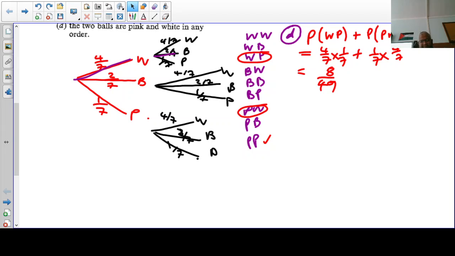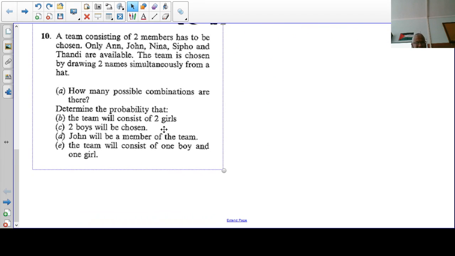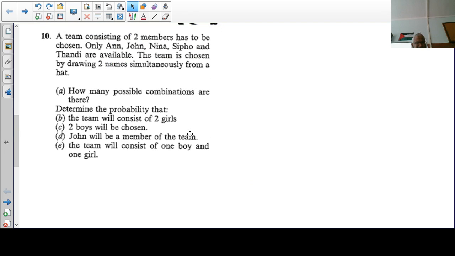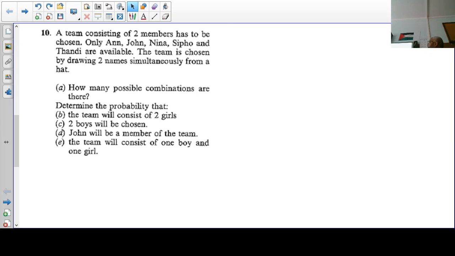That was number 9. We get number 10. Okay, so number 10, a team consisting of 2 members has to be chosen.